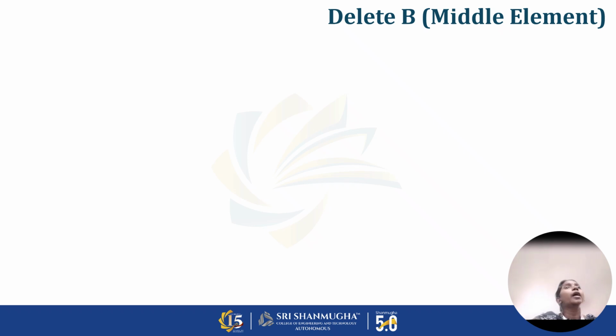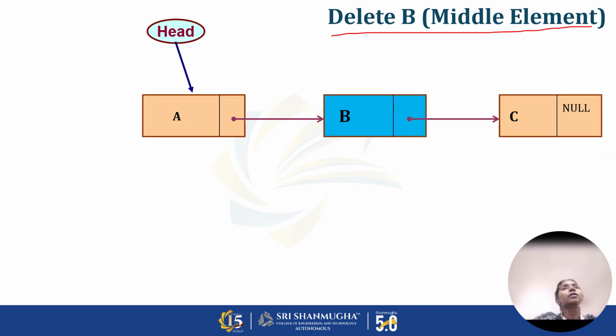Here we have to delete B, the middle element. We have three fields: A, B and C. We have to delete B only. So current is head, automatically A is head here.